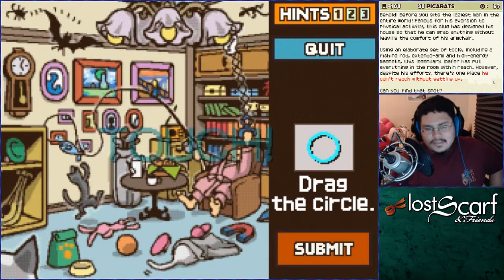Famous for his aversion to physical activity, this slug has designed his house so that he can grab anything without leaving the comfort of his armchair. Using an elaborate set of tools, including a fishing rod, extendo arm, and high-energy magnets, this legendary loafer has put everything in the room within reach. However, despite his efforts, there's one place he cannot reach without getting up. Can you find that spot?